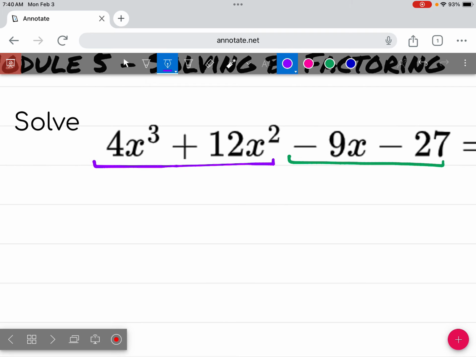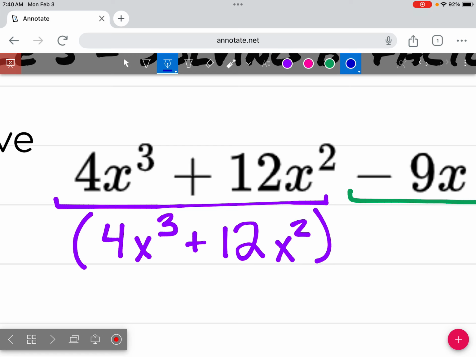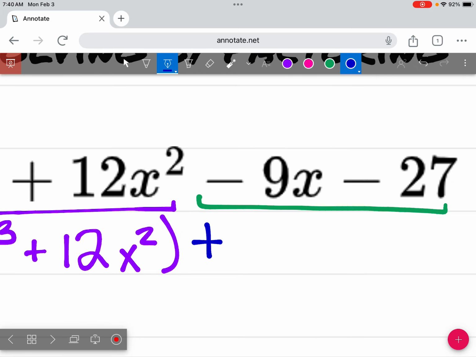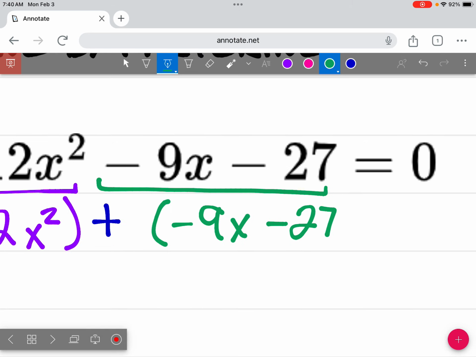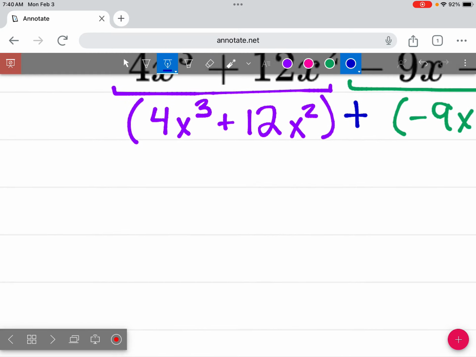So we're going to write this as our 4x cubed plus 12x squared. And then we're going to add our minus 9x minus 27. And that equals 0. That way we can look at each piece individually.